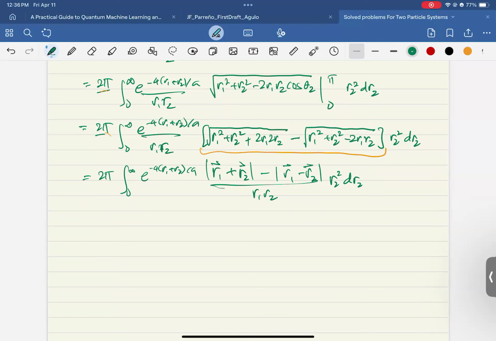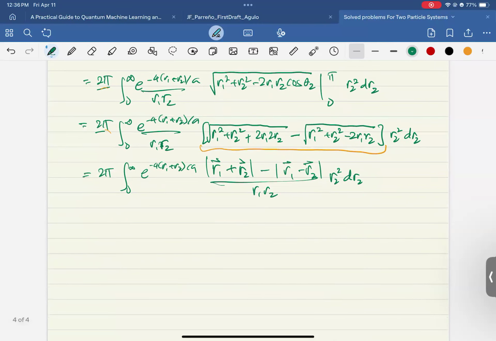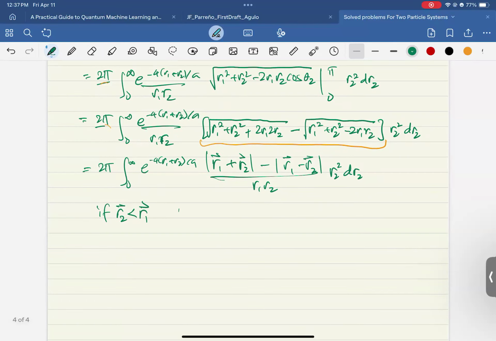So let's say na if R1 is greater than R2, okay, then yung term na yan becomes R1 plus R2 minus R1 plus R2. Okay, mas malaki yung R1 kaysa R2, so yung absolute value ng R1 minus R2 is positive.